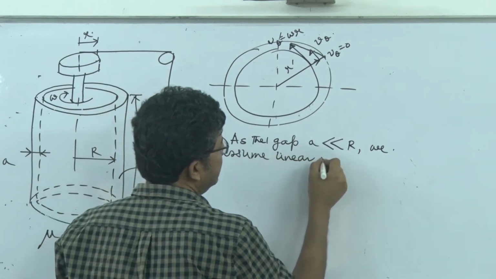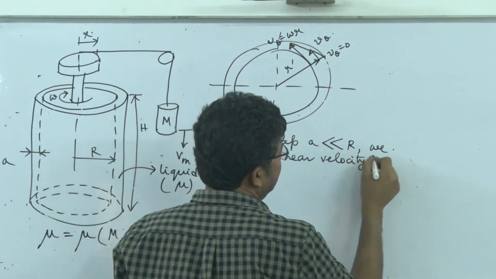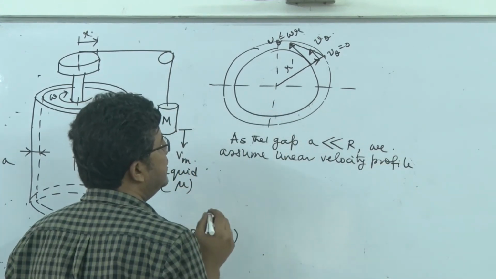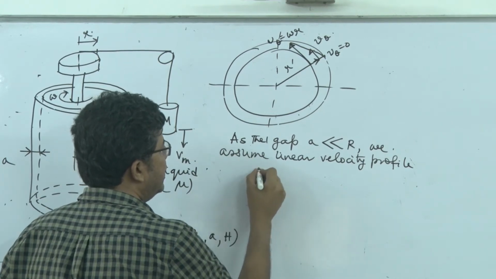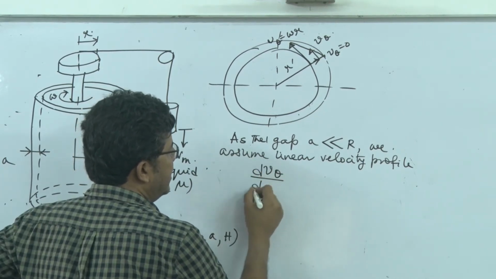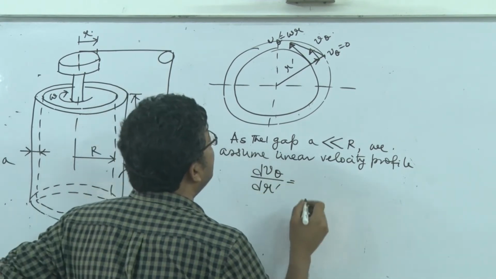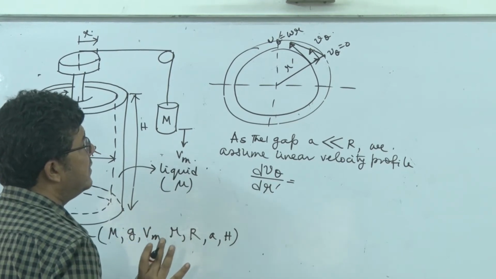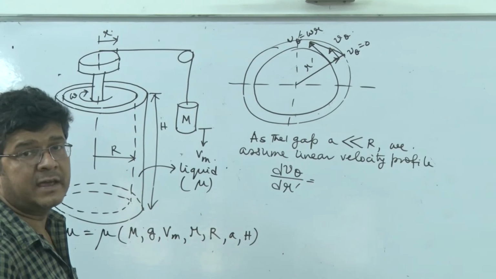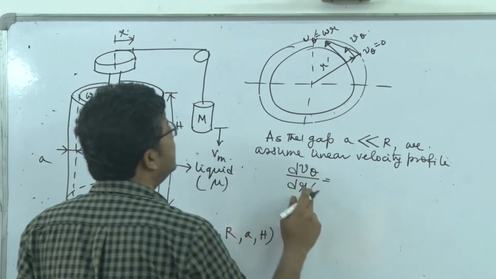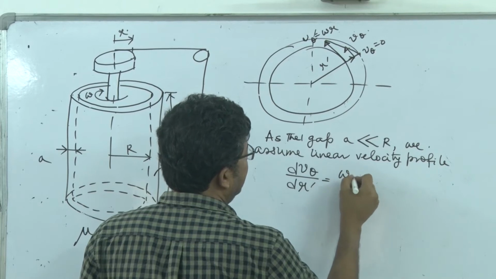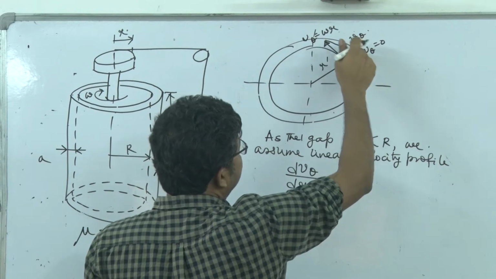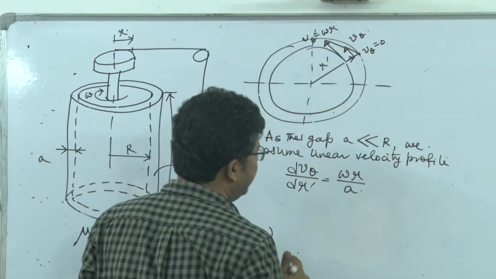So dv theta dr prime will be, considering only its magnitude, because we have already dropped the minus sign in Newton's law of viscosity, omega r divided by a. Here it is omega r, here it is 0, so omega r minus 0 divided by the gap a.